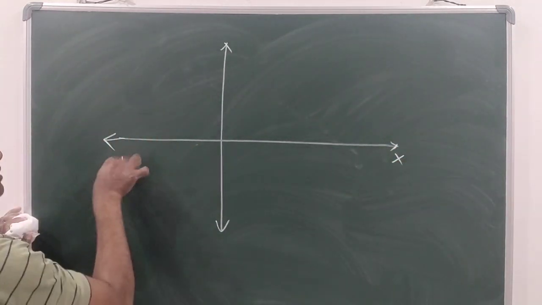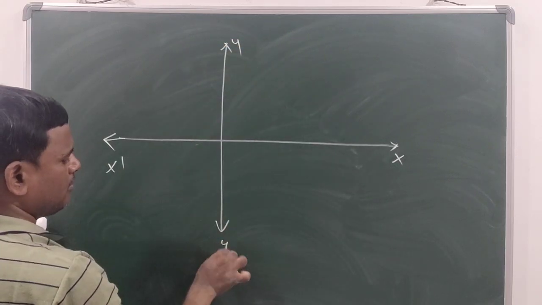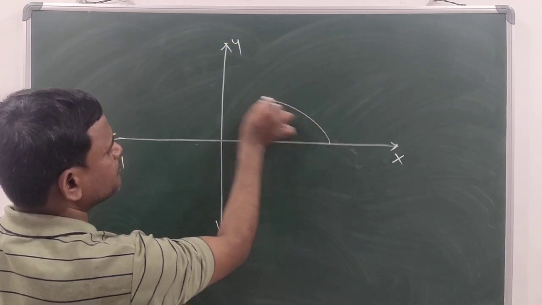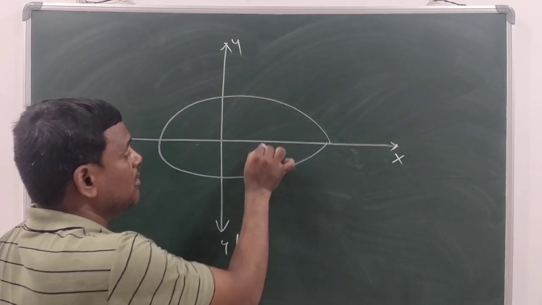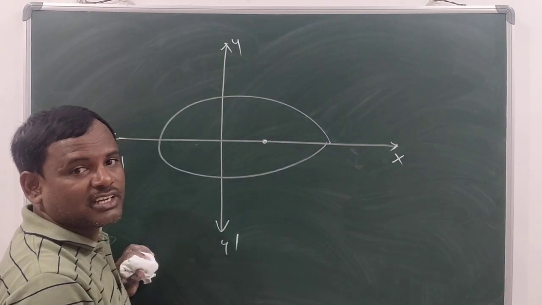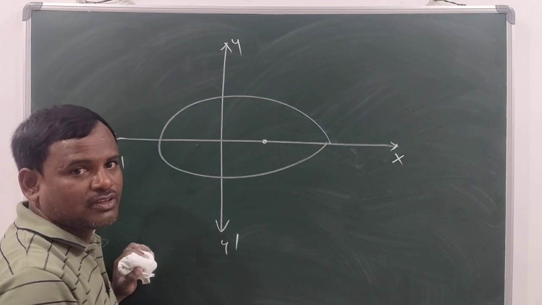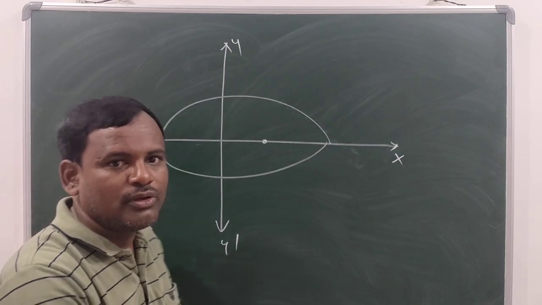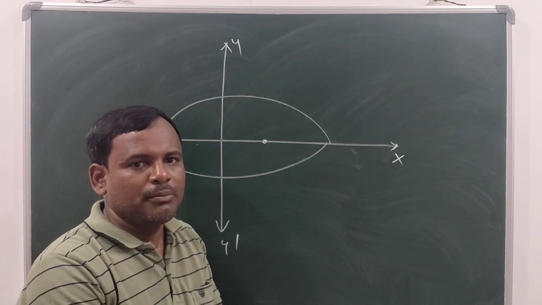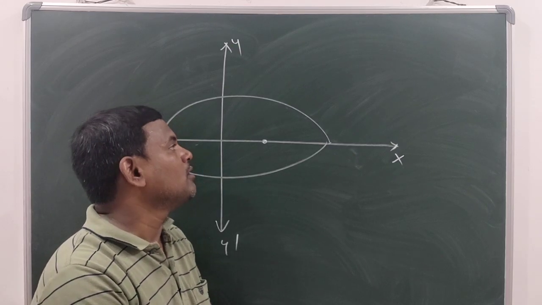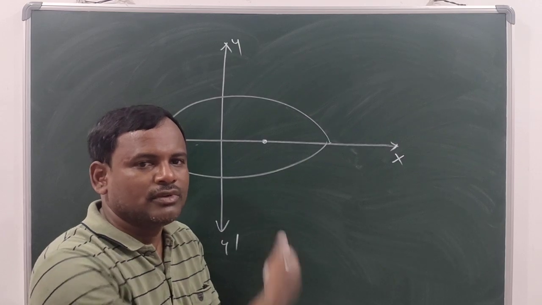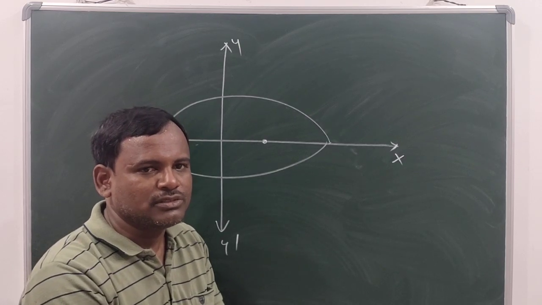X dash, y dash. What am I going to find? The length of latus rectum and the equation of latus rectum. What is latus rectum? You have learnt it in the parabola, so the same definition applies, and you can define it for this ellipse also.